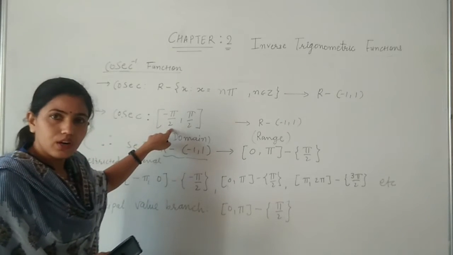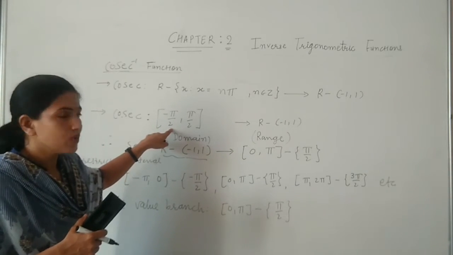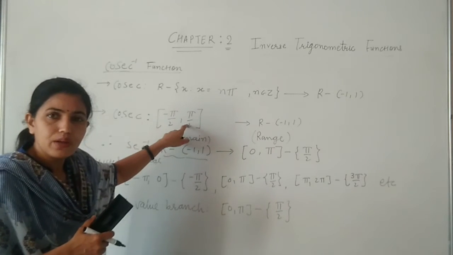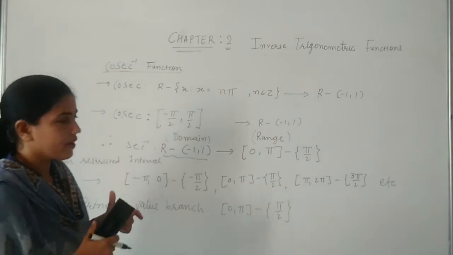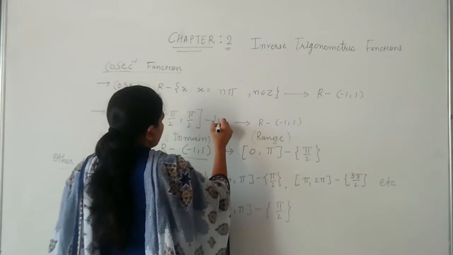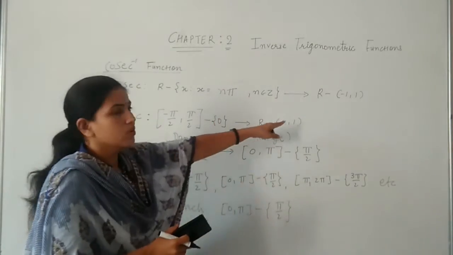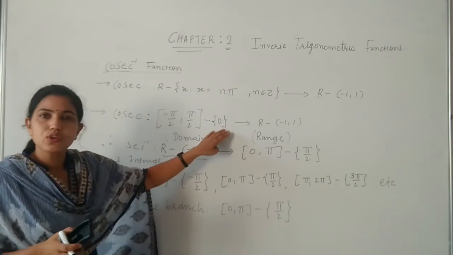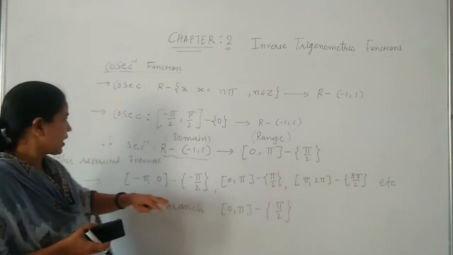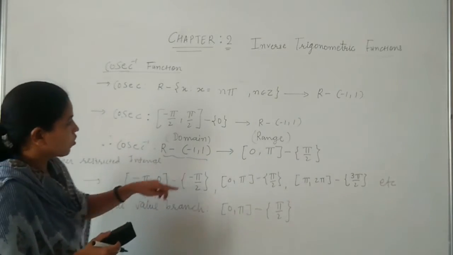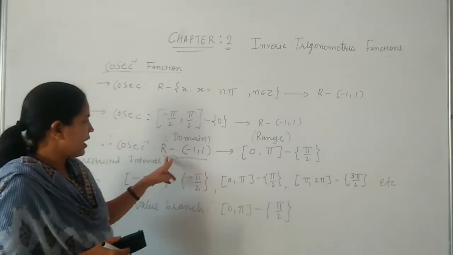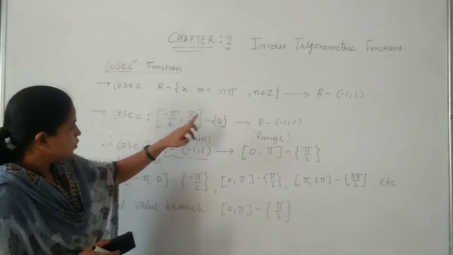The range of the domain of the sine inverse, that is minus pi by 2 to plus pi by 2. But here one value is there where this function is not defined, that is 0. Now as this function is one-one and onto, we can define its inverse, that is cosec inverse.